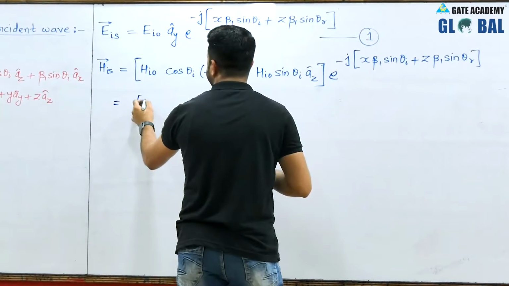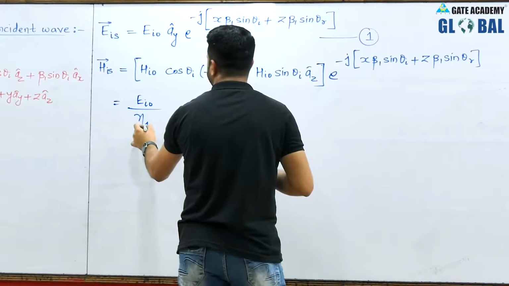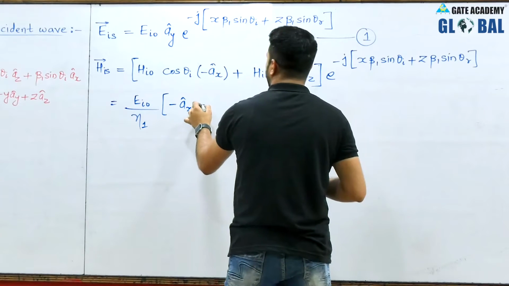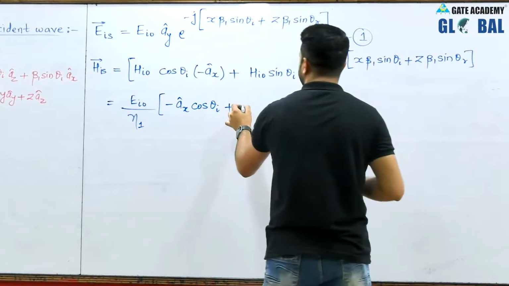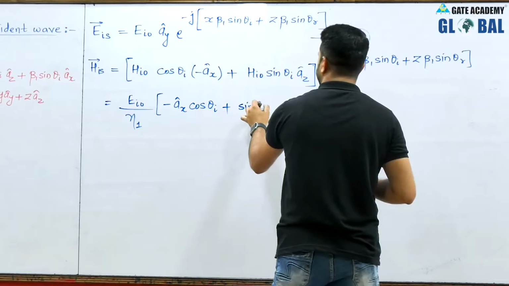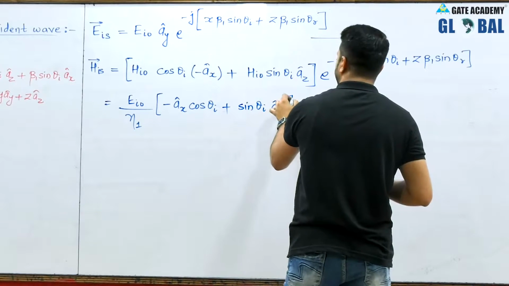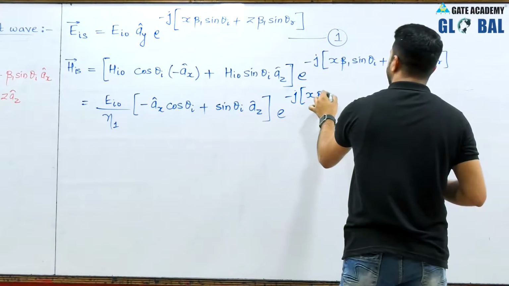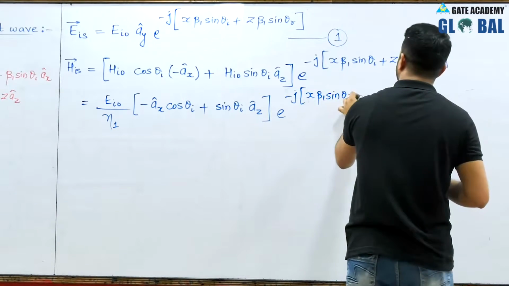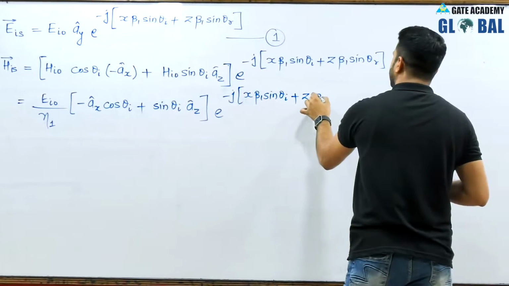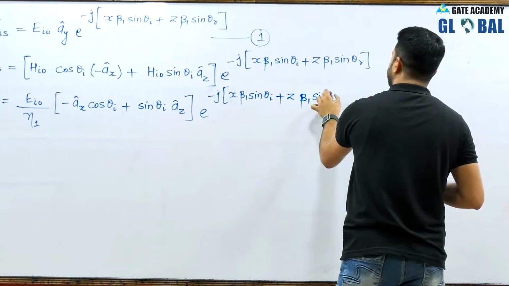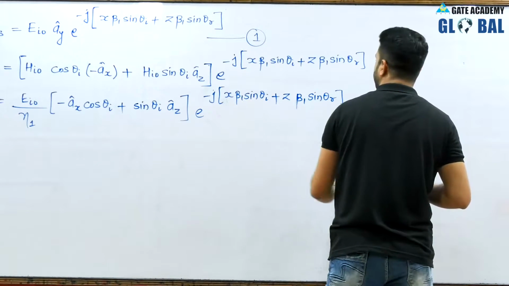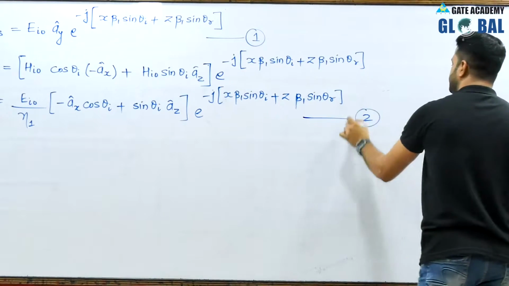So we can write EI naught divided by eta 1, and in brackets we have minus AX cap cos theta I plus sin theta I AZ cap in e to the power minus j, x beta 1 sin theta I plus z beta 1 sin theta r. This is equation number 2.